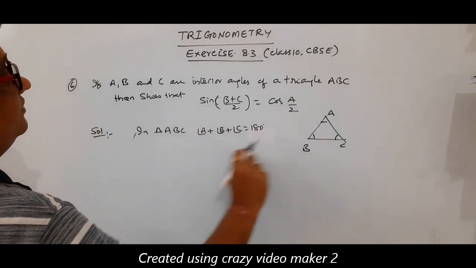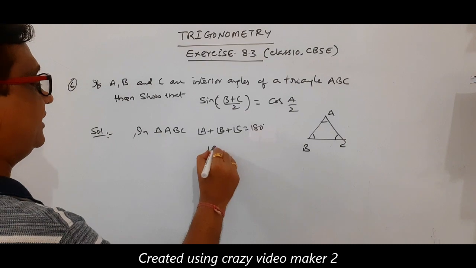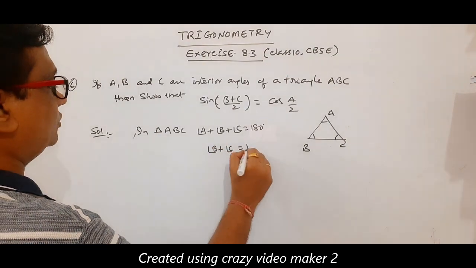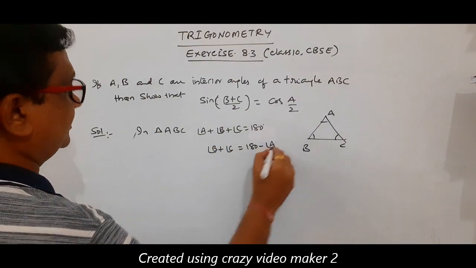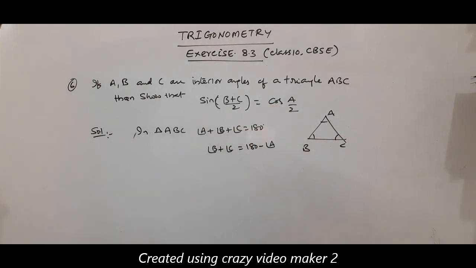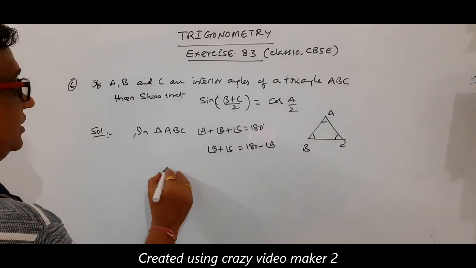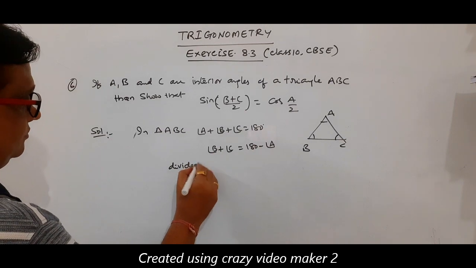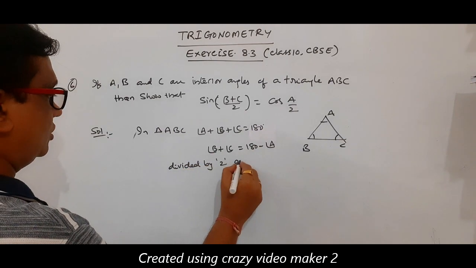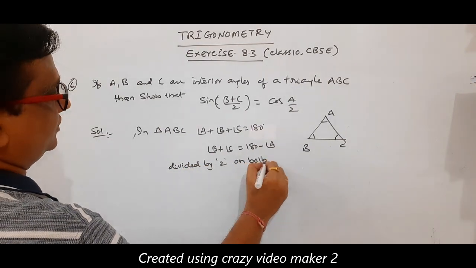So this A will go here. So angle B plus angle C equal to 180 minus angle A, because in the answer A by 2 is there. So divided by 2 on both sides.